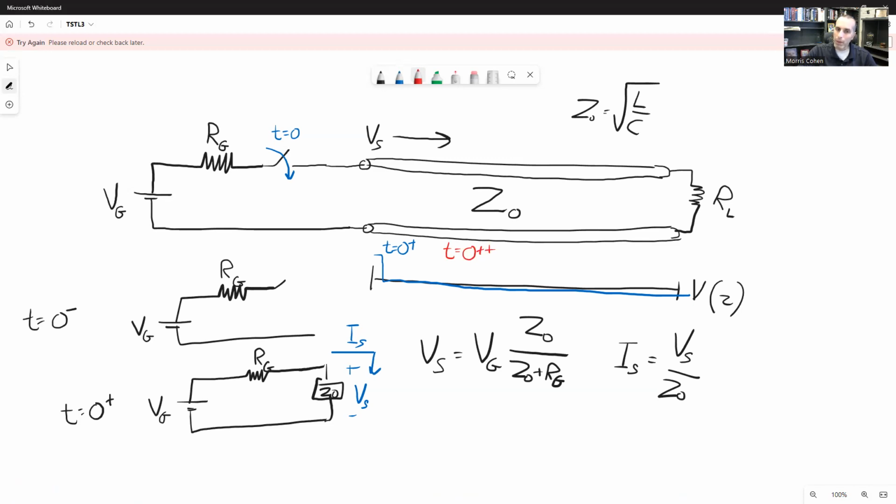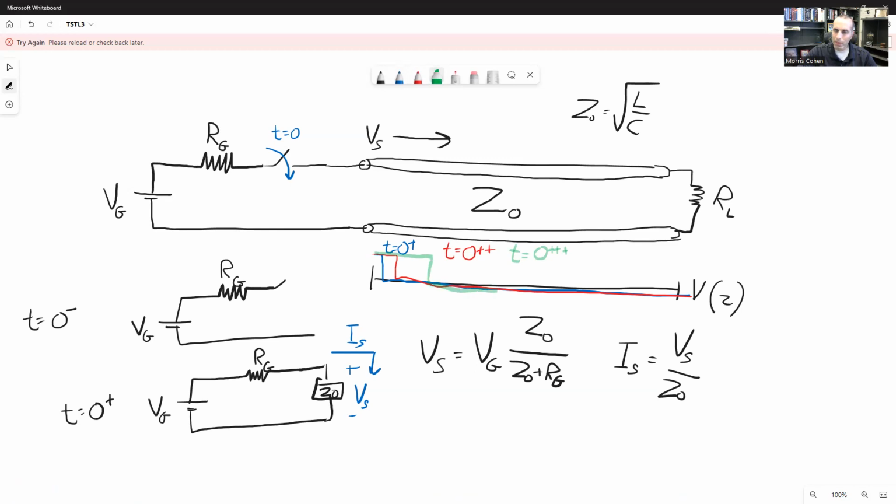Now this wave is going to propagate a little bit further, and now it's going to go to 0, like that. You wait a little longer, and t equals 0 plus plus plus, right? Even wait longer than that, and this wave goes further.